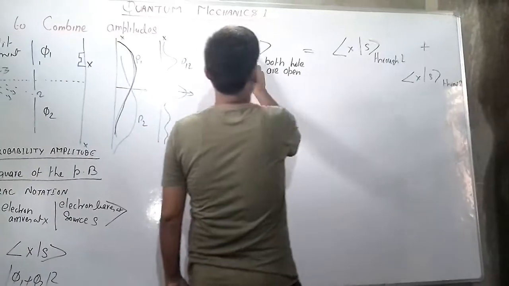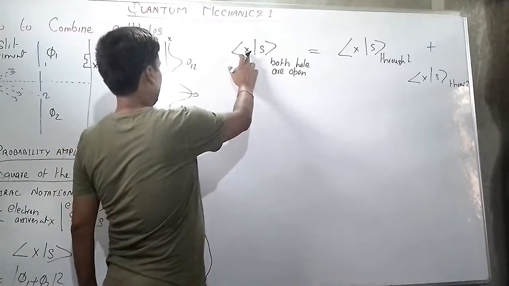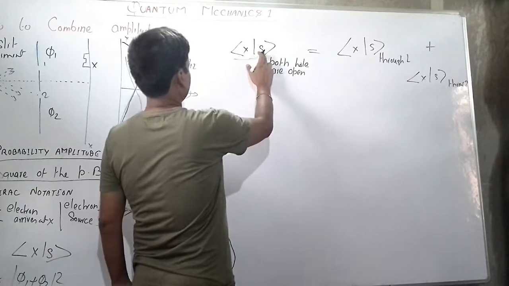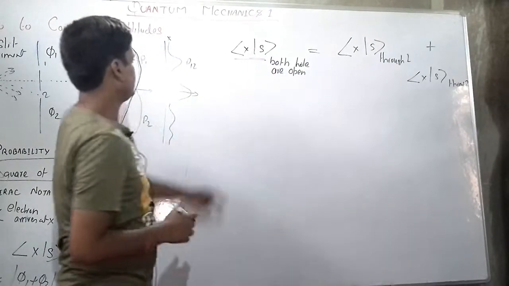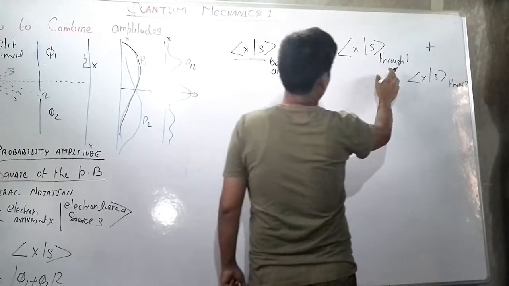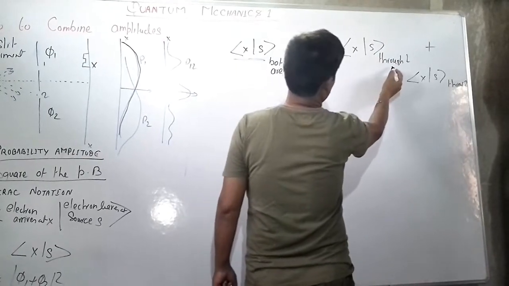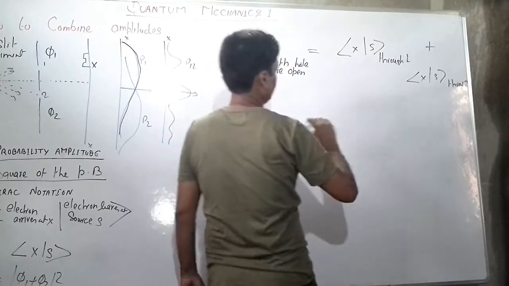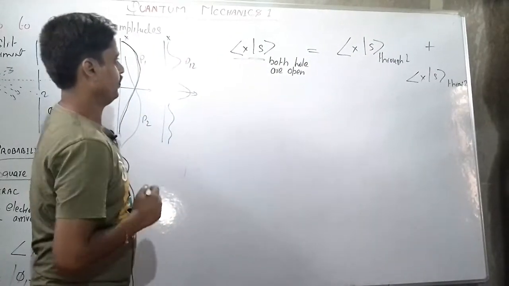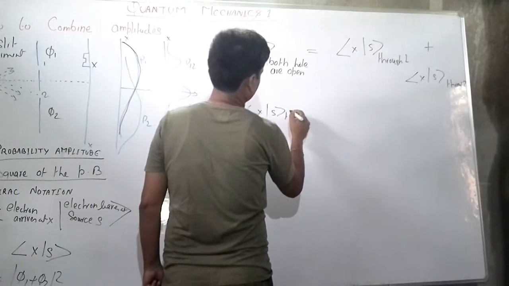So the electron is originating from S and reaching X. When both holes are open, the amplitude of the electron originating from S and reaching X is equal to the sum of the individual amplitudes: S to X through the first hole, S to X through the second hole.